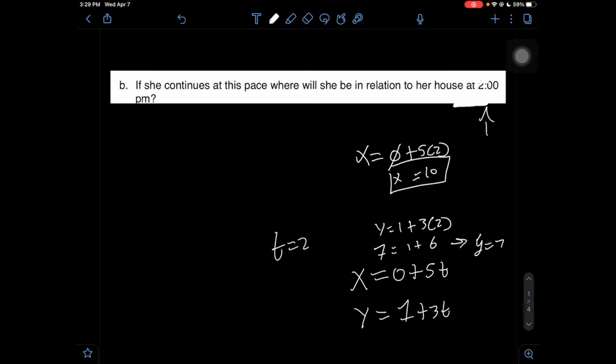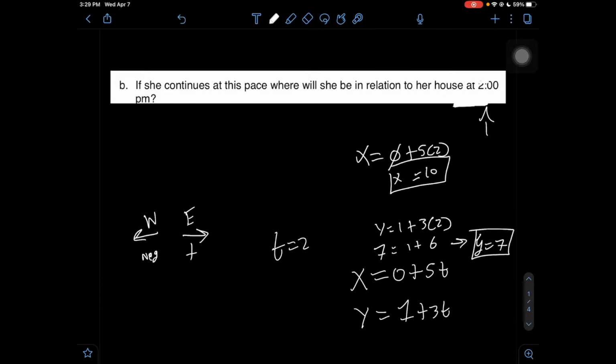y equals 7. Alrighty. Well, now we know x is east and west. What I do personally is I consider west to be negative and east to be positive. Well, now what we can do is we can say, hey, we have both positive numbers. So we know that x is east and west.